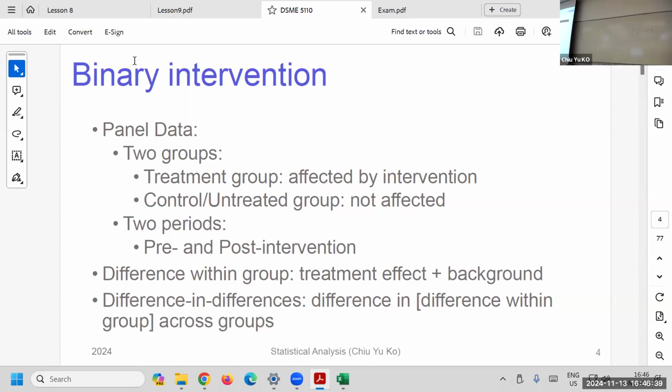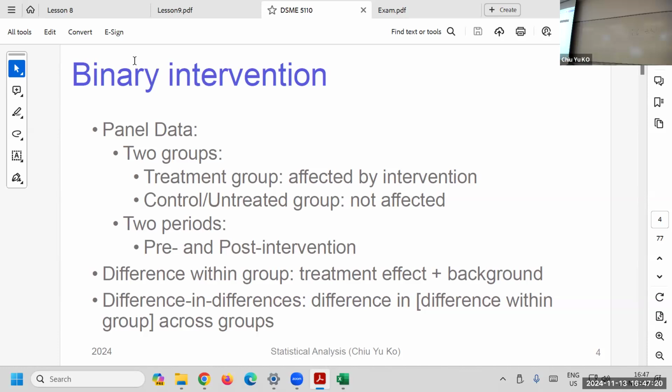The reason is the treatment group difference before and after is not the end of story, because the difference within the group is the treatment, and also the background effect. The idea is the following. Say you look at how much people make before they get a master's and after they get a master's, and look at people who don't have a master's, this year and last year income.